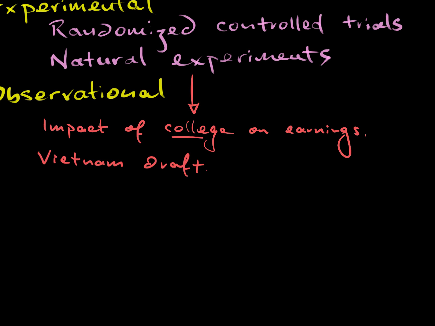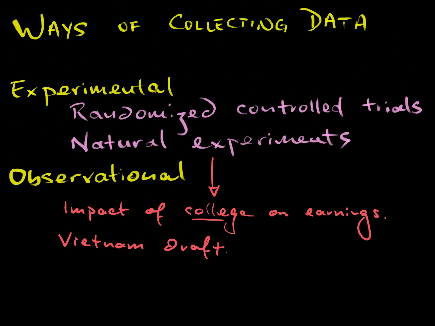It is something random, and it determined how much education they got. That's something that statisticians and econometricians call a natural experiment. So two types of experimental data: randomized controlled trials and natural experiments.